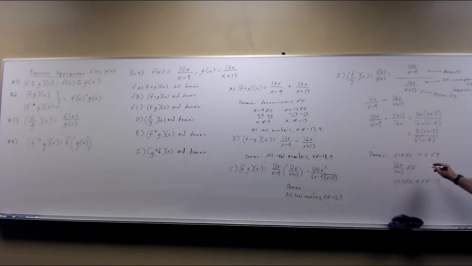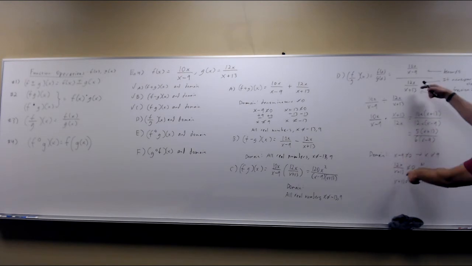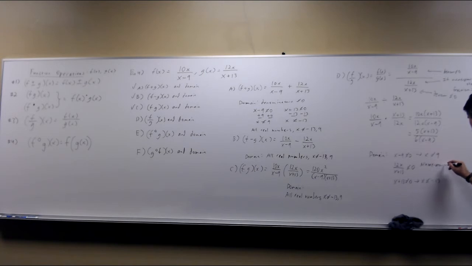Okay? So for this denominator to equal 0, that means the numerator 12x cannot equal 0. Divide off the 12, divide off the 12. x cannot equal 0.